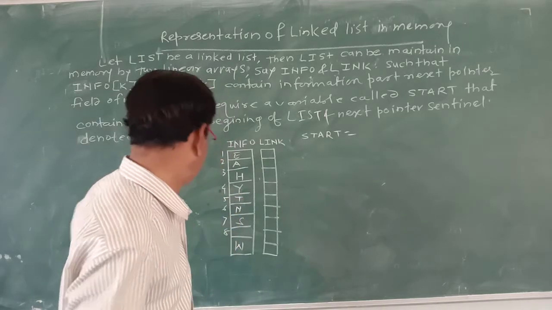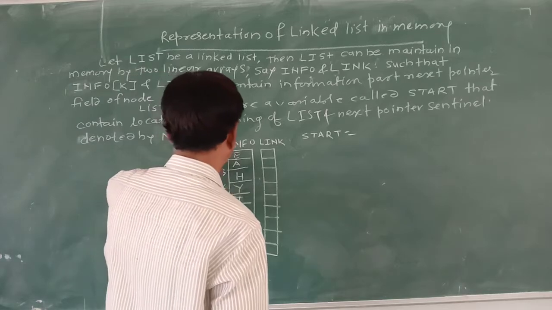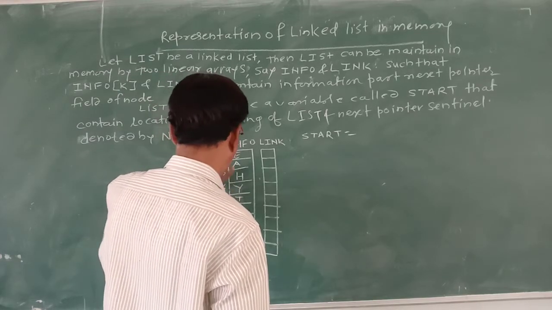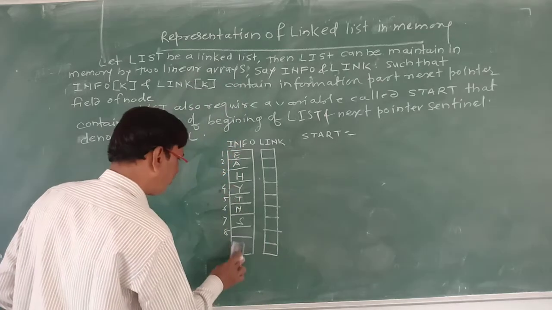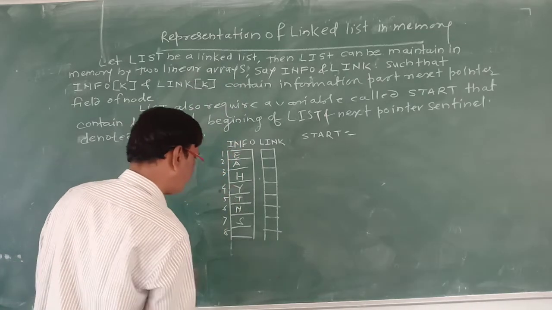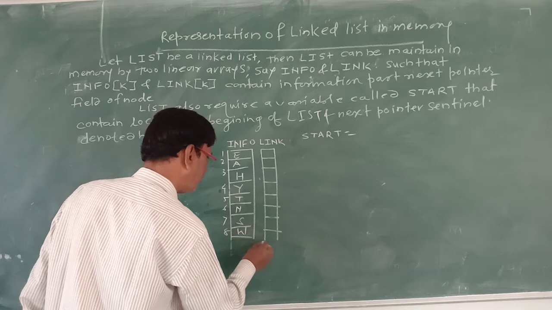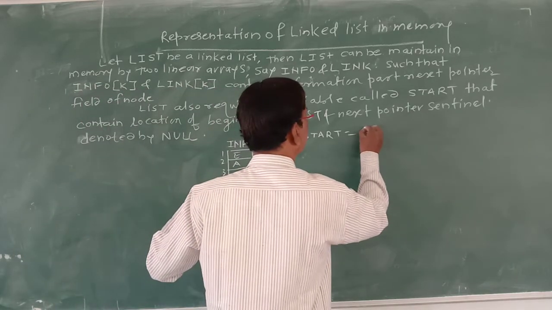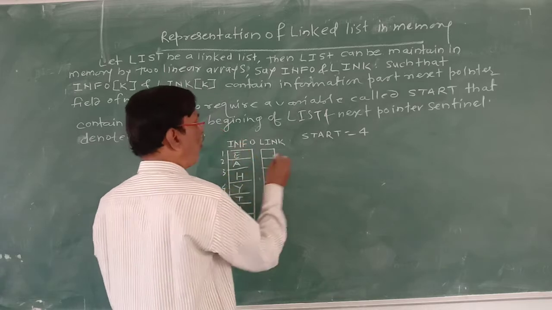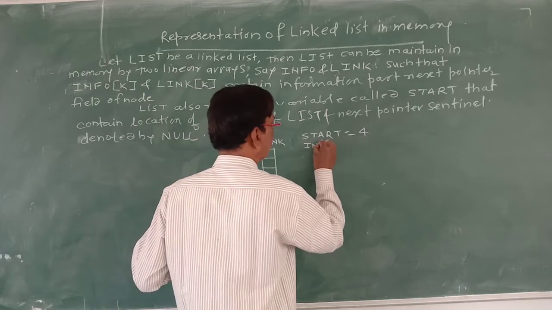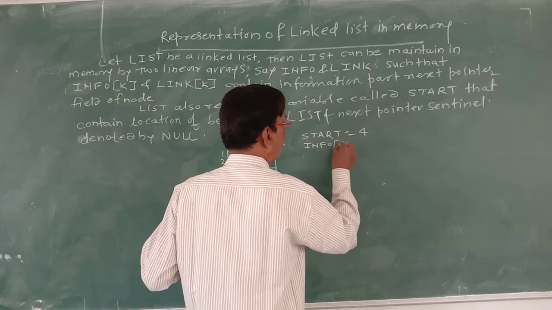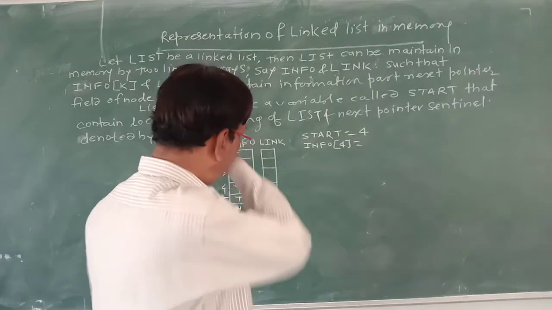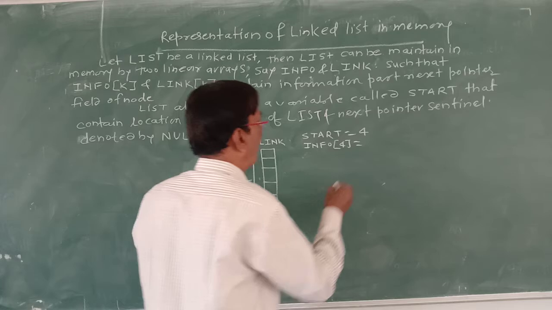We can say Y, E, S, H, W, A, N, T. Suppose start is equal to 4. Then what is info of 4? Info of 4 is equal to Y.